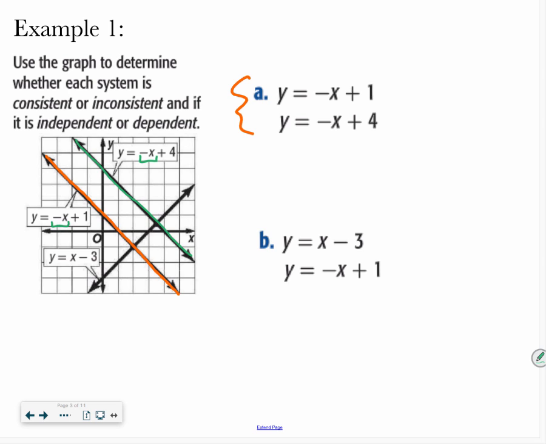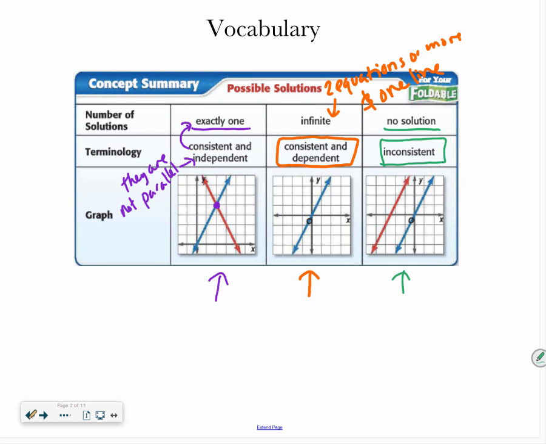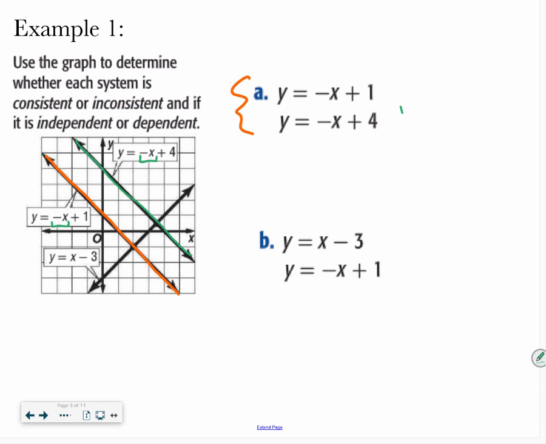And whenever you have slopes that are the same, you know that they are parallel. So what did we learn from the last slide? When you have parallel lines, it is called inconsistent. When you have an inconsistent graph, or two parallel lines, you don't have to say whether it's independent or dependent.